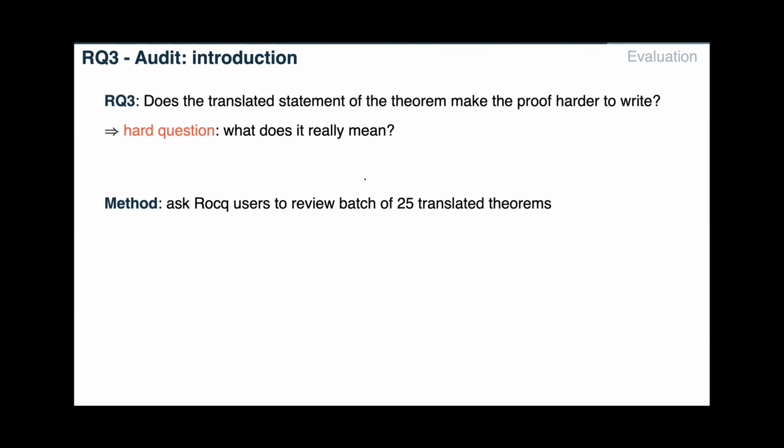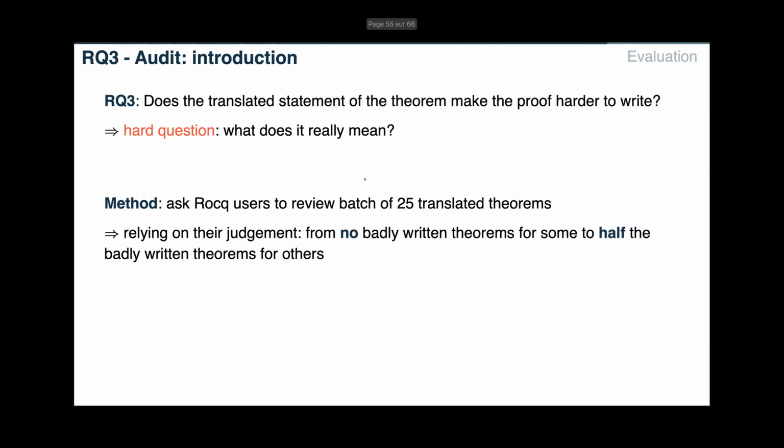It depends on a lot of factors and preferences. So we relied on their judgment. For example, some of them told us that there were no badly written theorems, and some others told us that there were half badly written theorems.